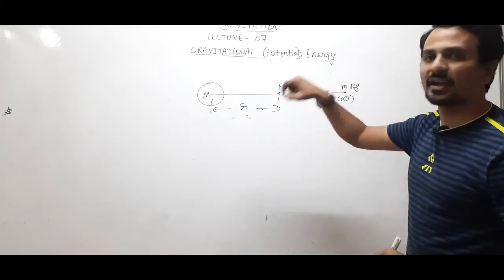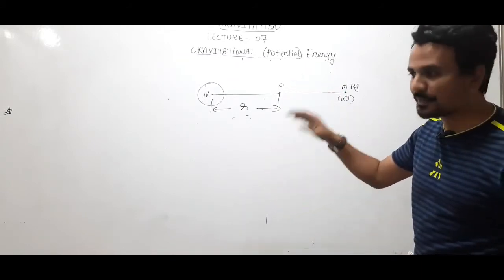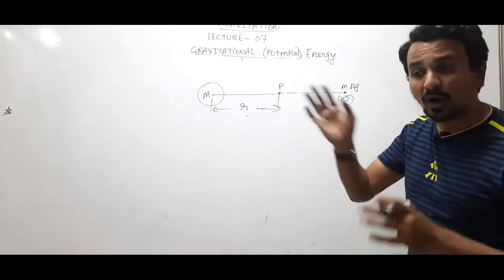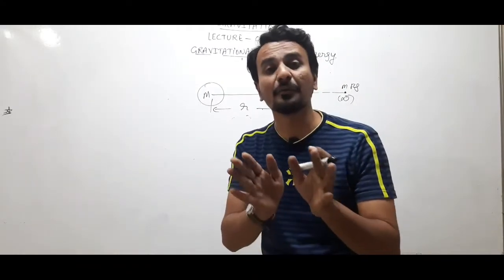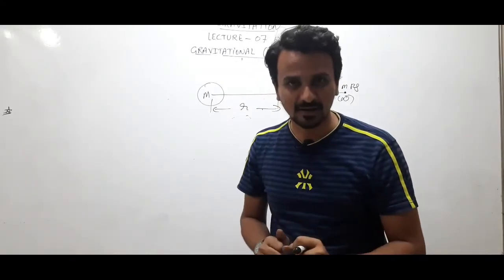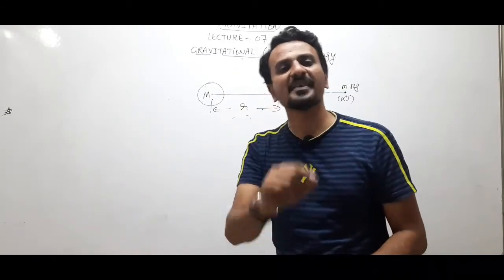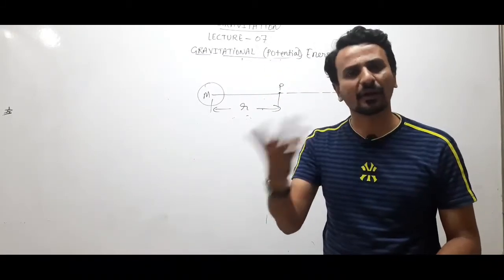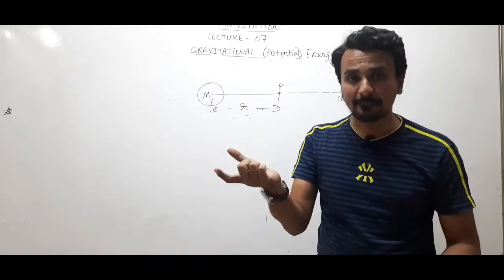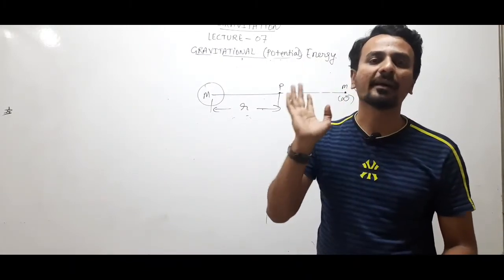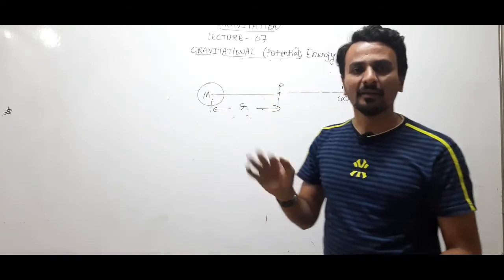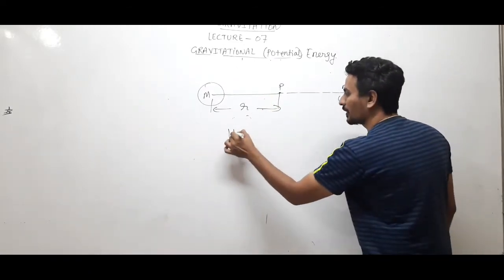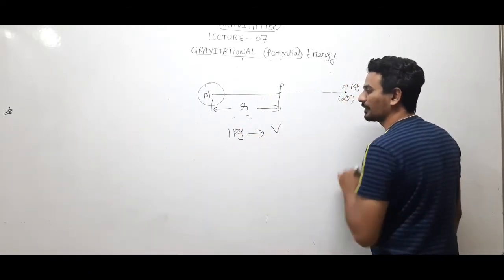If you are bringing a unit mass from infinite to a point P, the work done is defined as gravitational potential. If the body is not of unit mass, say 2 kilogram, 3 kilogram, then you have to multiply it by m. That will give you gravitational potential energy. That means for 1 kilogram, work done is equal to potential.